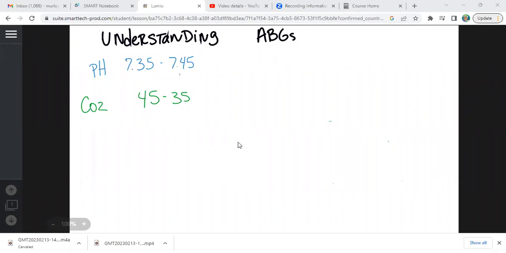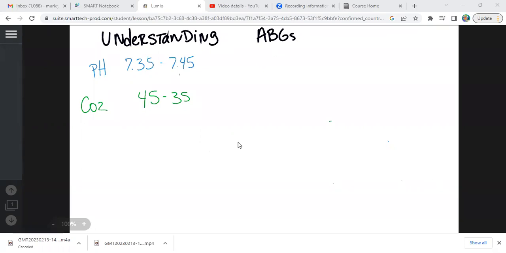Because as your hydrogen ion goes up, your pH drops, meaning that you have more acid, higher CO2 levels. To counteract that craziness, we're going to write these numbers backwards. As this number goes up, this number goes down, and as this number goes down, this number goes up. So if I blow off a bunch of CO2, that's going to cause my pH level to rise, which means I have less acid in the body because I'm blowing it off.